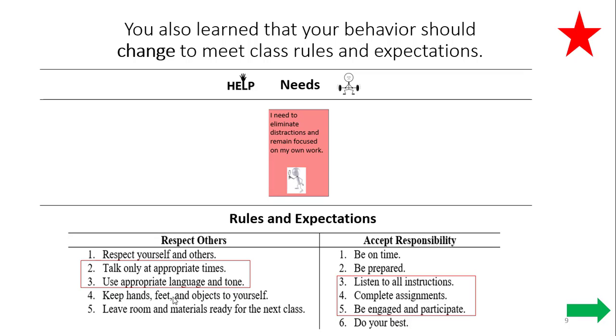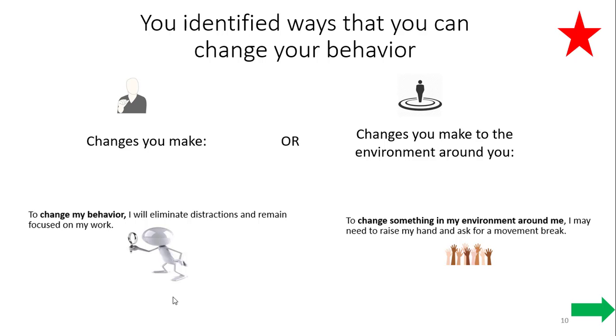Sometimes your behavior does not meet the classroom rules and expectations. That's why we make a goal to address our need to eliminate the distractions and remain focused on your work. That will help us to be ready and able to more appropriately talk at appropriate times, use appropriate language and tone, listen to all instructions, complete assignments, and be engaged and participate.